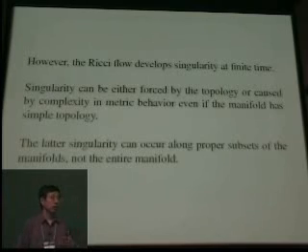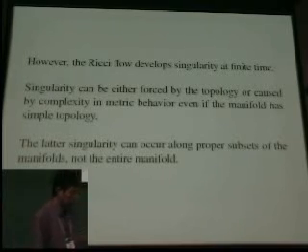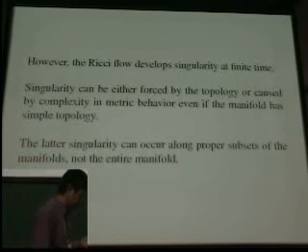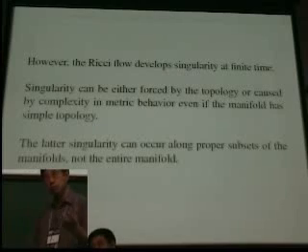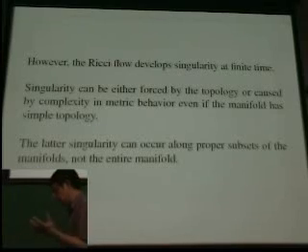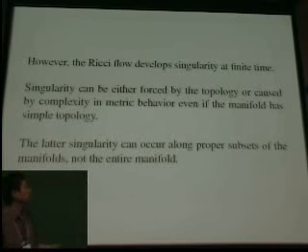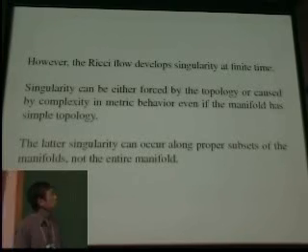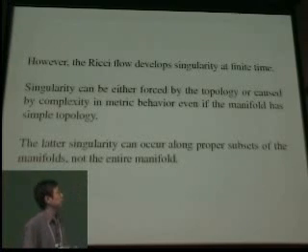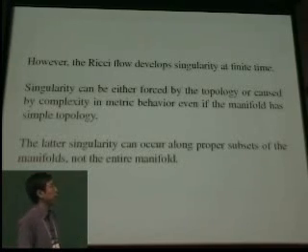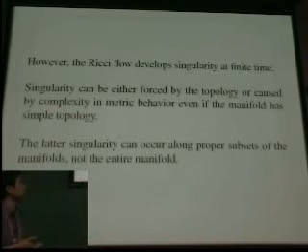In general, if we don't know what the topology of the underlying space is, it's not possible to know precisely what the metric is. So this may happen, or even on a singular space. The latter singularity can occur along proper subsets of the manifold, not on the entire manifold, which is a more complicated case.